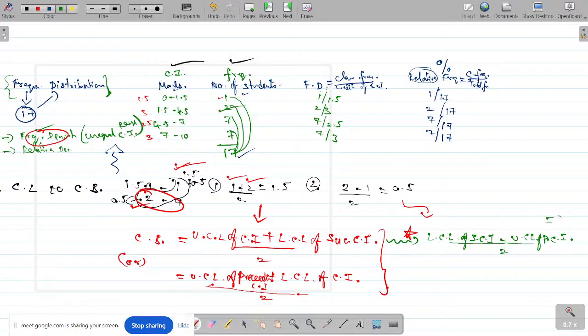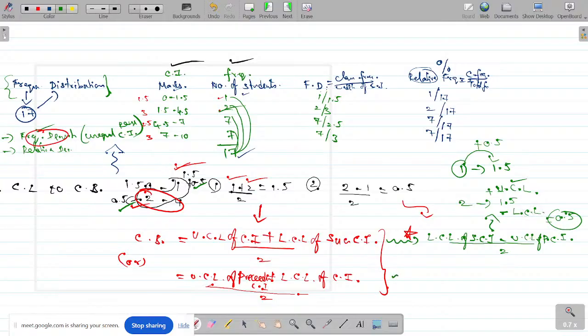But if you do this, you'll get only 0.5. What do I have to do with the 0.5? I have to add here and I have to subtract here. For getting 1 to 1.5, I have to add 0.5 to the upper class limit, 1. For the second, 2 to 1.5, with this formula I have to subtract from the lower class limit.